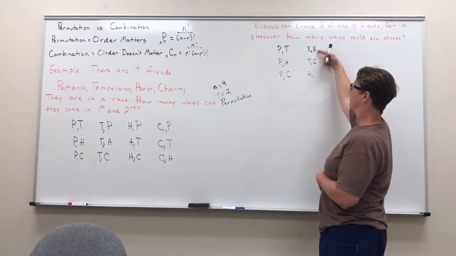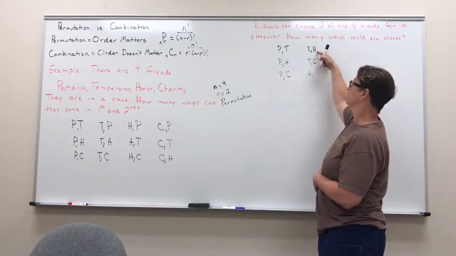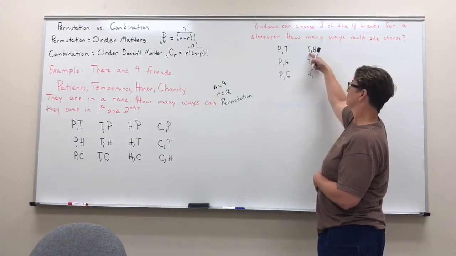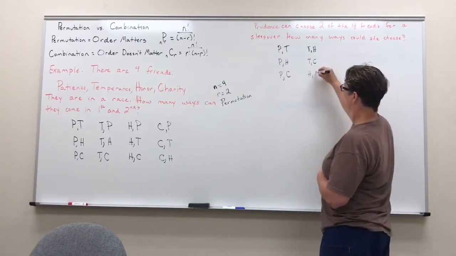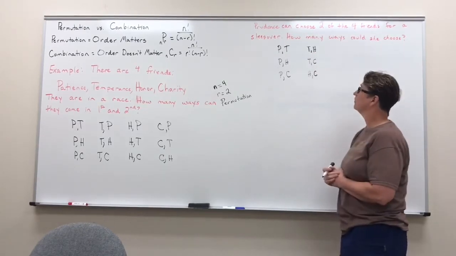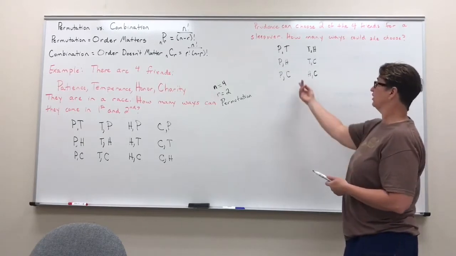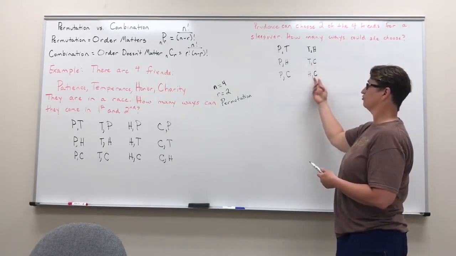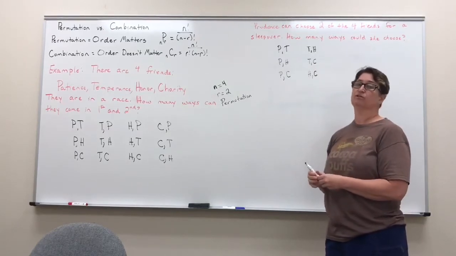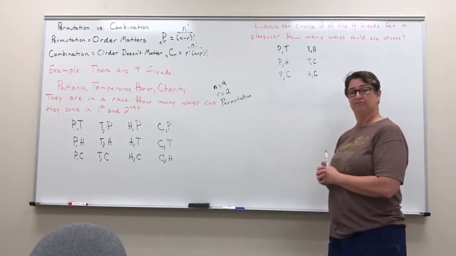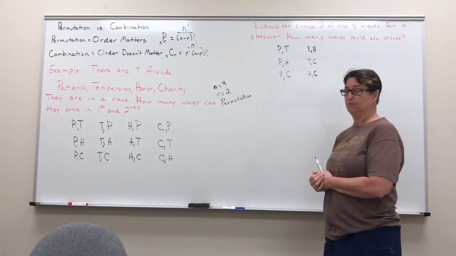We already have that one here because that's the same group. Honor and temperance, or temperance and honor coming over is the same thing. But we don't have honor and charity. And we have charity now with every one of our partners. So in this case, there are only 6 different options for Prudence to choose 2 of those people.